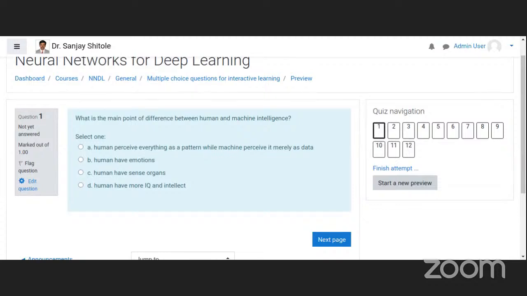A, B, C, D. What do you feel? Just put it in the chat: for task number 1, which option is correct? Please read the 4 options and put in the chat which is more suitable.